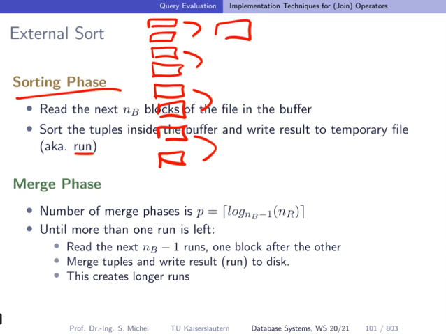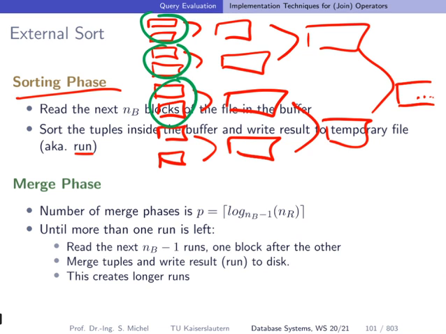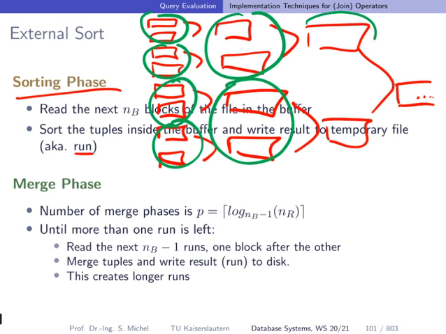So we have then 4 longer runs, and then we can take these 2, and then we have even longer runs, and then in the final step we have a long run, which is the size of the initial file, and we are done. In this case here, again, it's a 2-way merge, because we always take 2 of these runs to merge. We do that here and here and here and here. We always take 2. Here as well. It's always a two-way merge, and also here, of course, in the end.